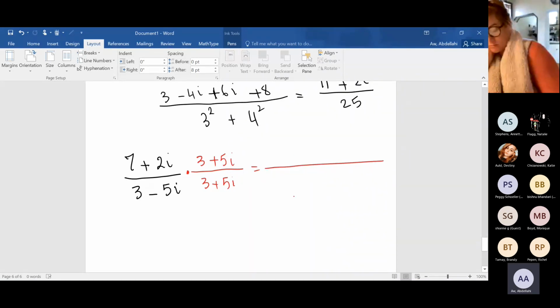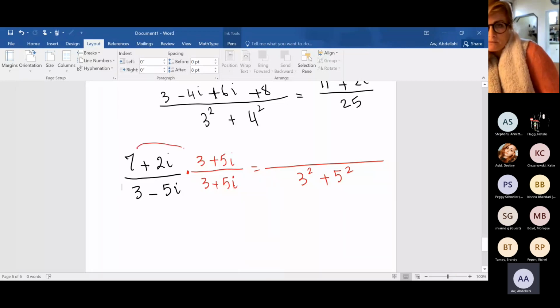My brand new denominator will be 3 squared plus 5 squared. Exactly. You see, I don't need to FOIL. If I do FOIL, I will get the same answer at the end.